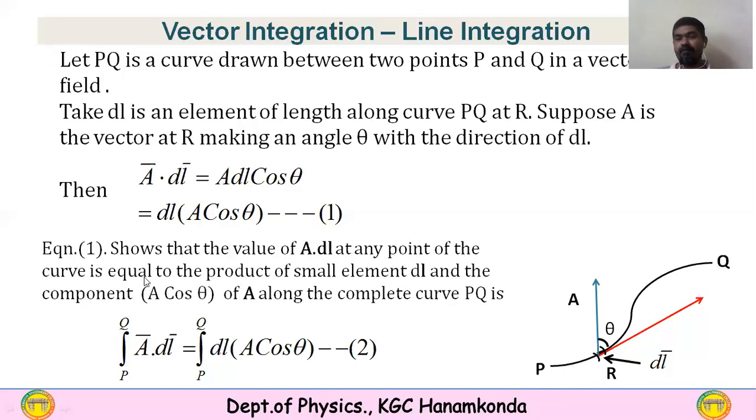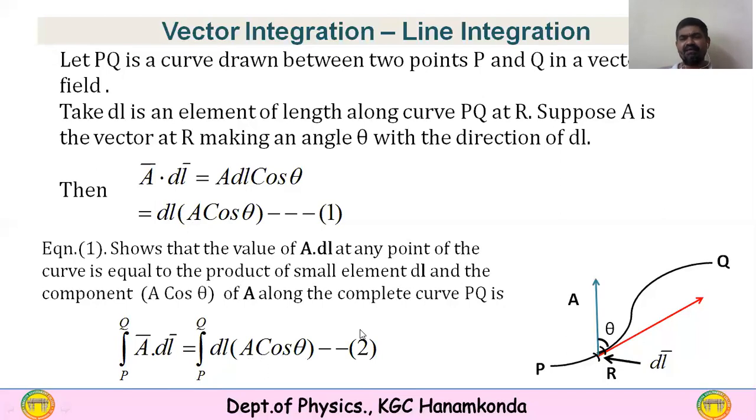Therefore, the line integration from P to Q of A bar dot dl bar equals the integral from P to Q of dl into A cos theta, from equation 1. Say this is equation 2.